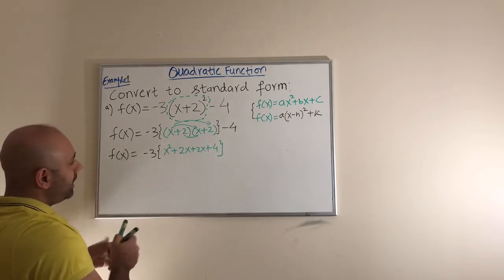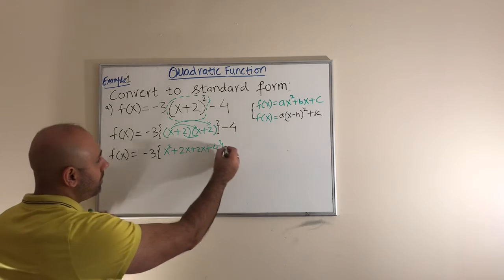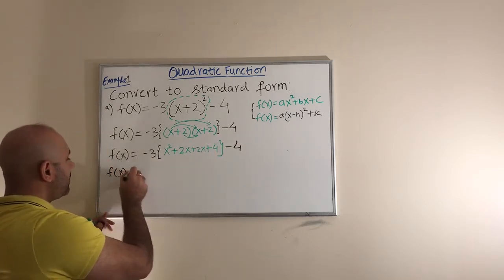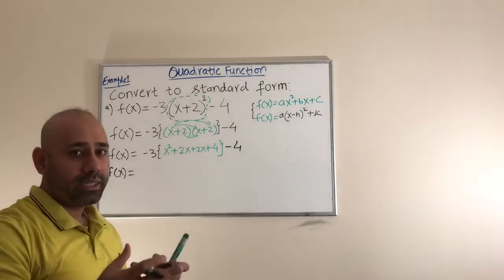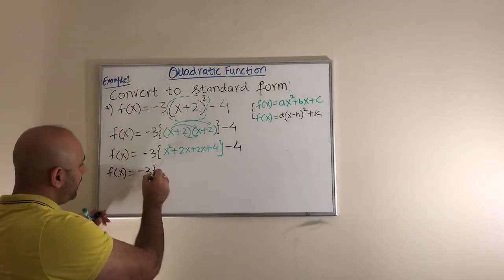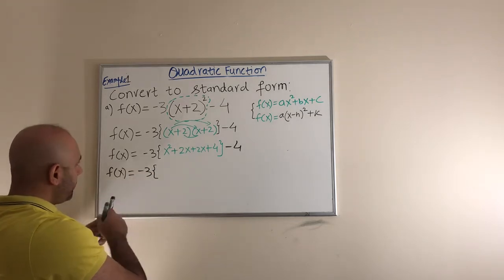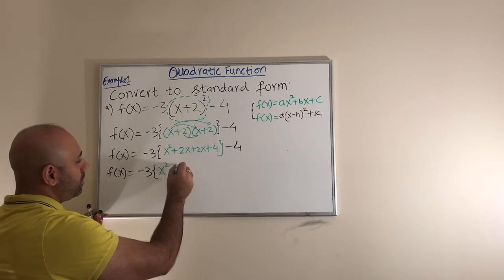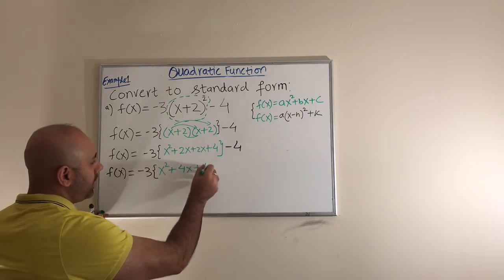That is the simplified form when we multiply those two. Well, from here, guys, it's more about combining like terms and simplifying. I have -3, and then here I have x squared. I combine like terms, 2x plus 2x gives me 4x plus 4.